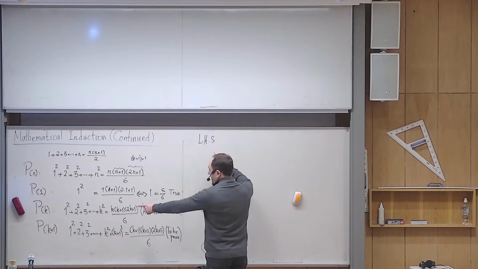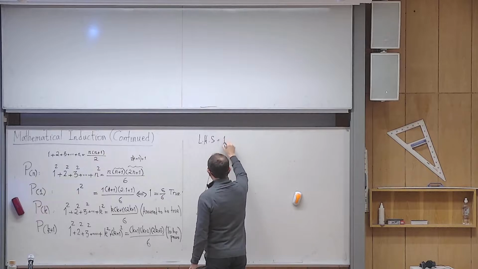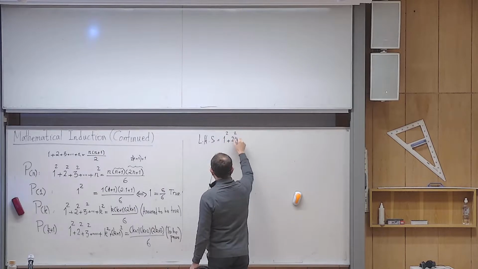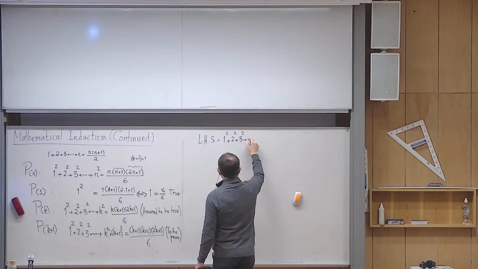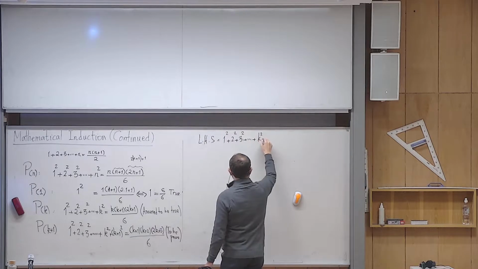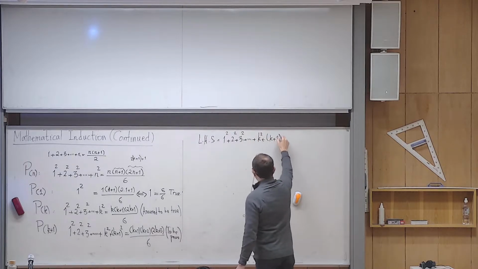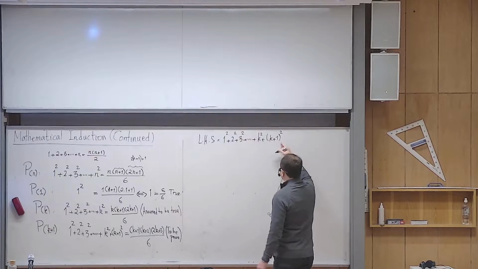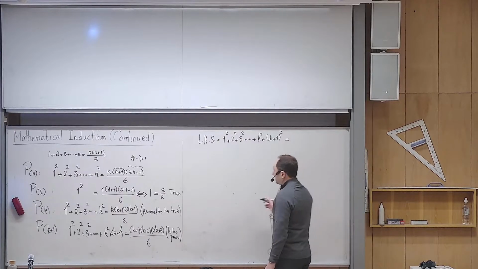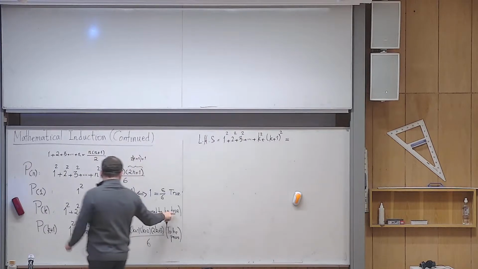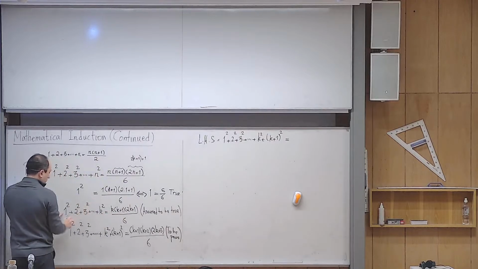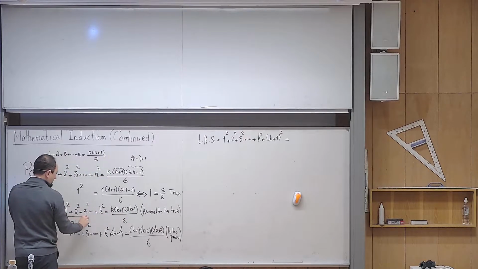From the left-hand side of this expression, which is 1 to power 2 plus 2 to power 2, 3 to power 2, up to k to power 2, and the next one k plus 1 to power 2, I want to calculate this. But then this is assumed to be true. So I know what happens if I add from the first to the kth term, yes?